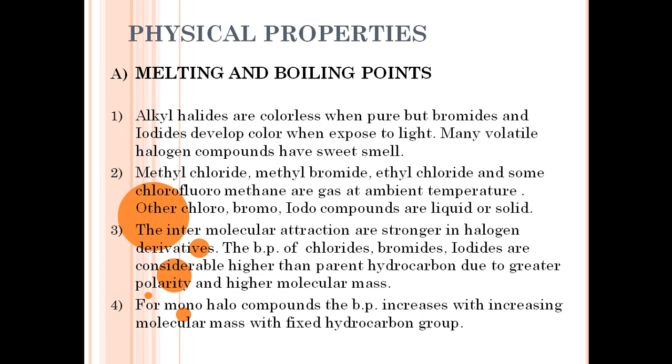It means if we are taking a fixed hydrocarbon group, suppose we are taking the methyl group, the chloro derivative has a lower boiling point in comparison to the iodomethyl derivative. Yes, iodomethane has a higher boiling point.